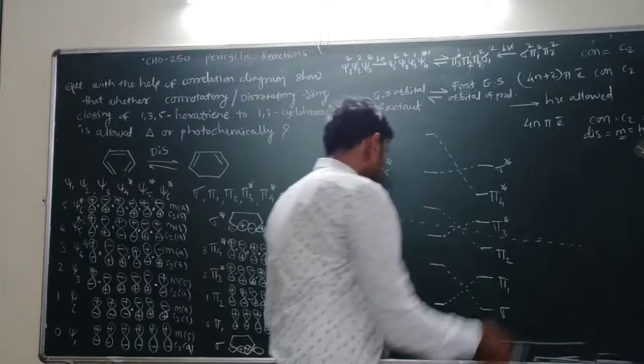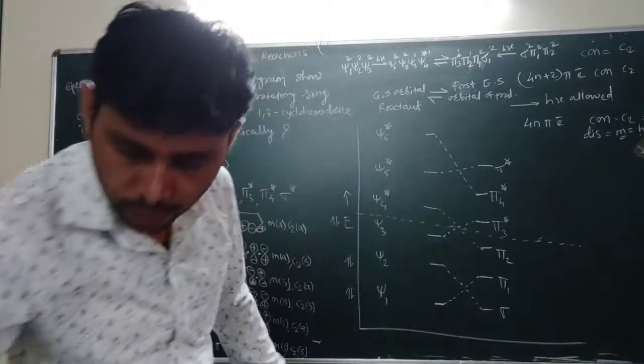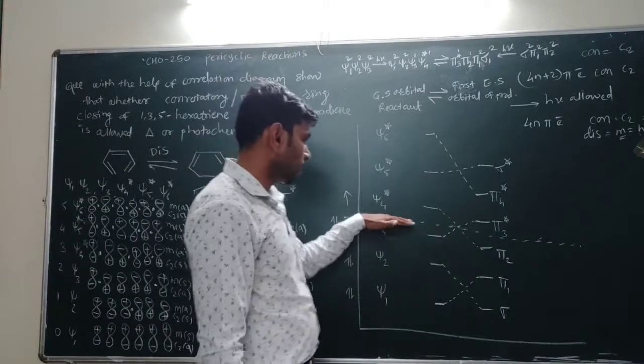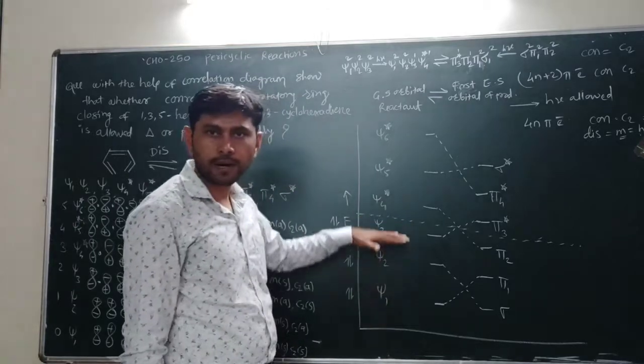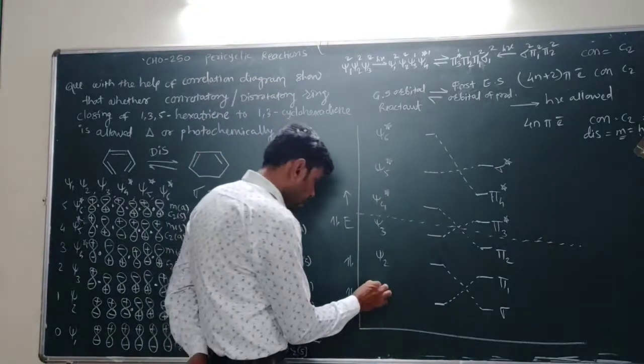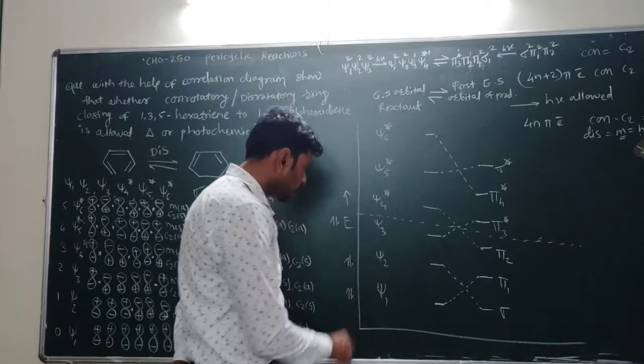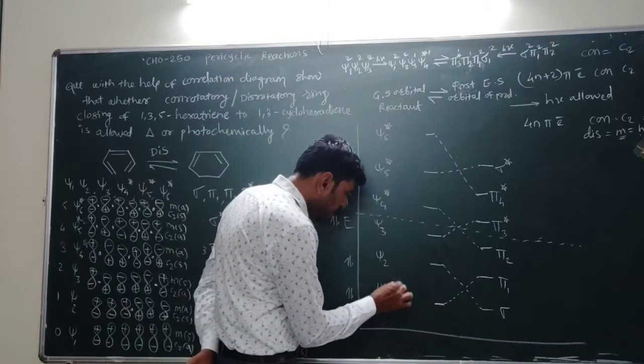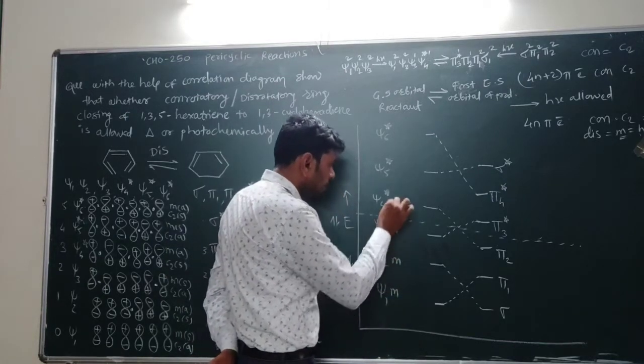Draw the line between them, which differentiates the ground state orbitals and excited state orbitals.